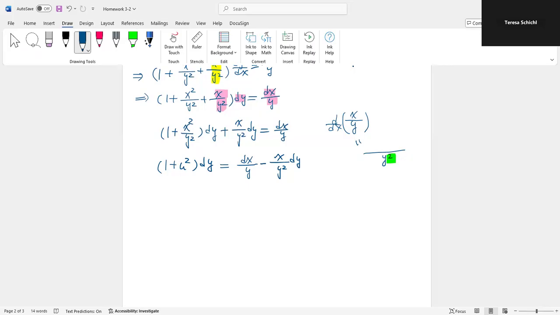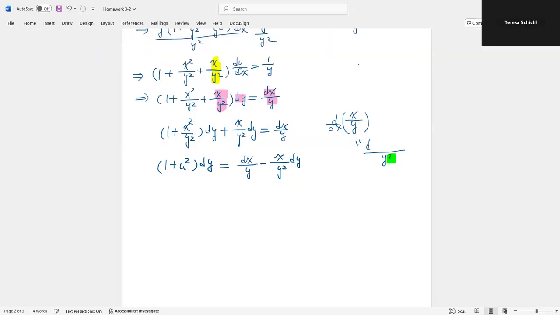Then the quotient rule here will be: take the derivative, hold the bottom. The derivative of x is 1, so this will just be dx times y here, okay? And then minus, you hold the top, x, and take the derivative of the bottom, y, the derivative will be dy here.